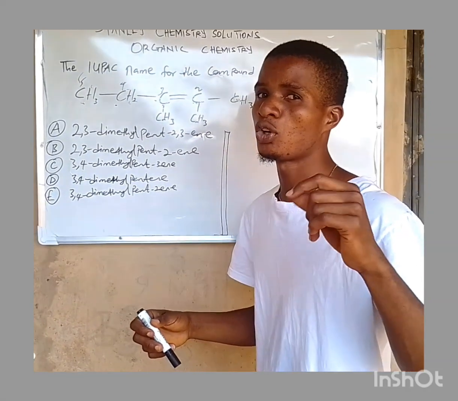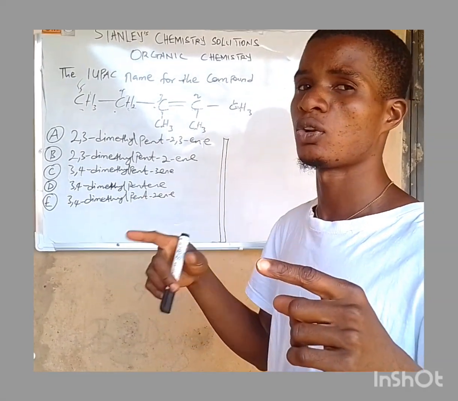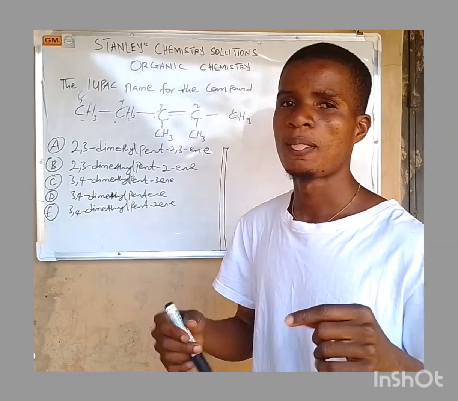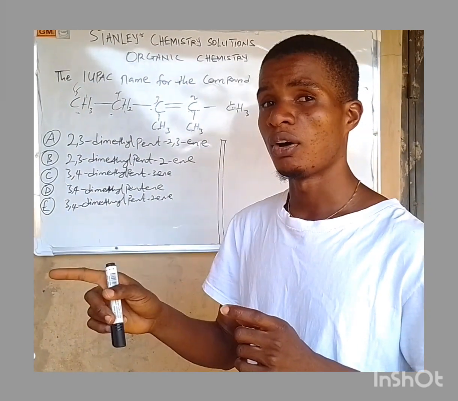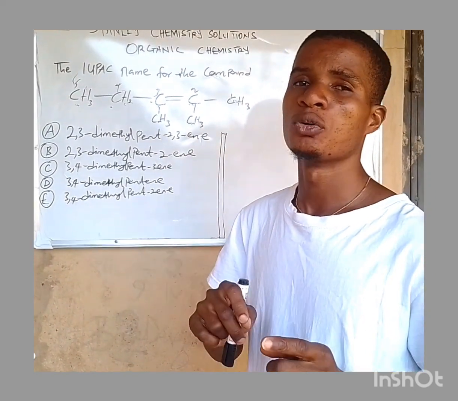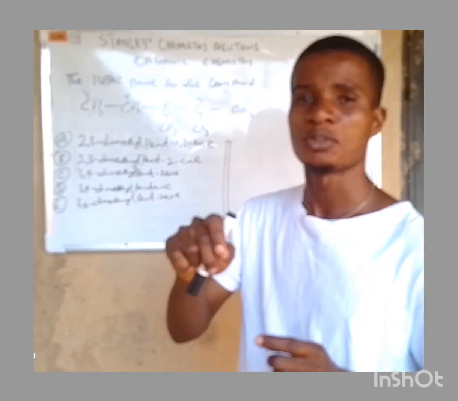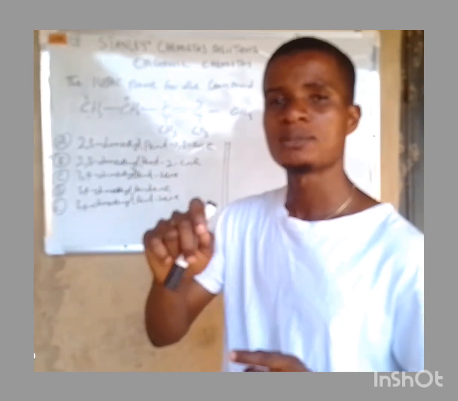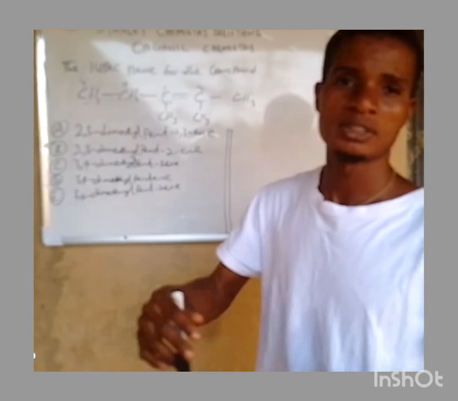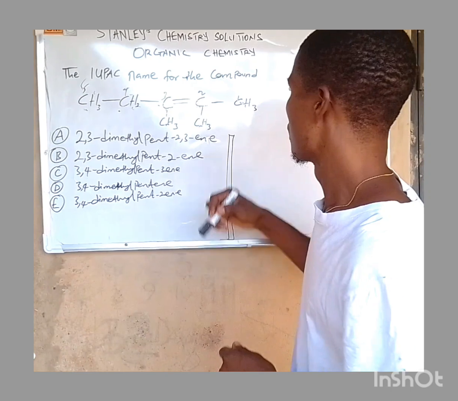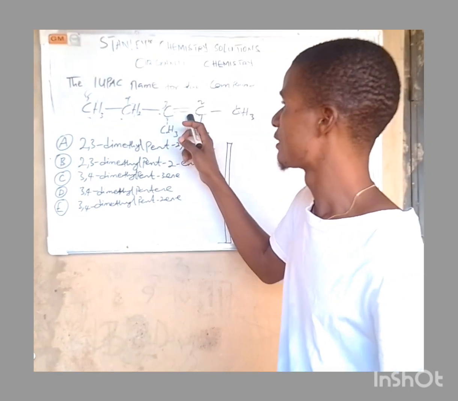So the next law you consider is what? The numbering of the carbon: which side do you follow so that the carbon that carries the functional group will have the lowest possible number? If you follow from the right hand, this is carbon 1, carbon 2 carries the double bond.